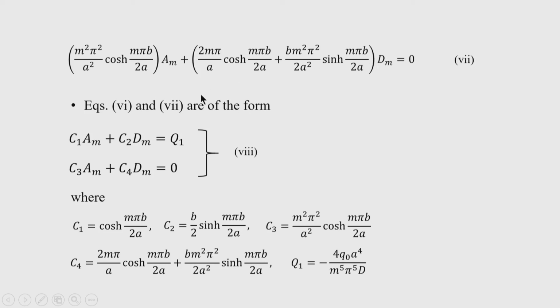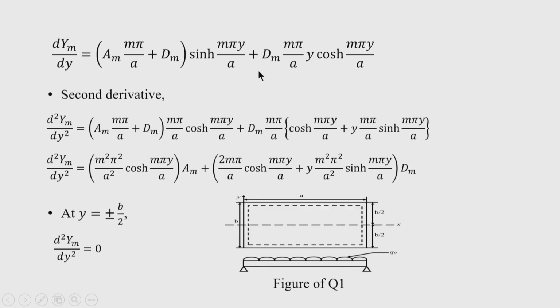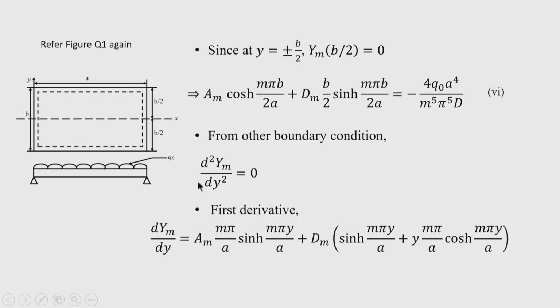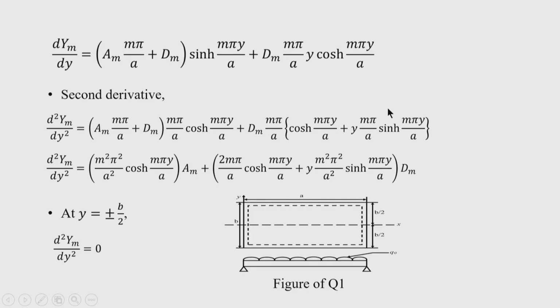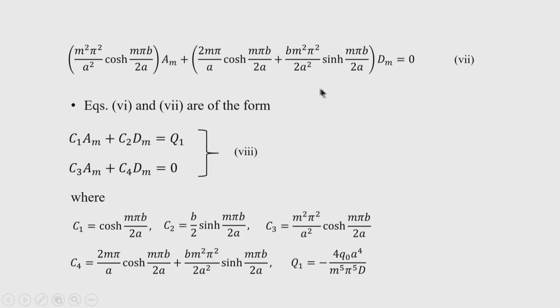Now, you can see that two unknown constants and two equations are obtained. Okay. One condition is obtained using the deflection condition. Second equation is obtained by imposing the curvature condition, that is, bending moment equated to 0.